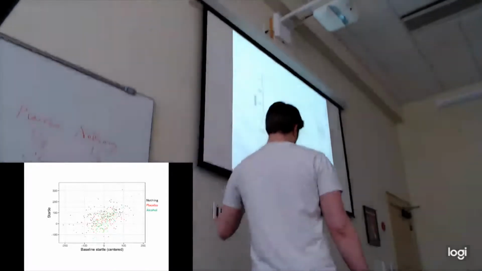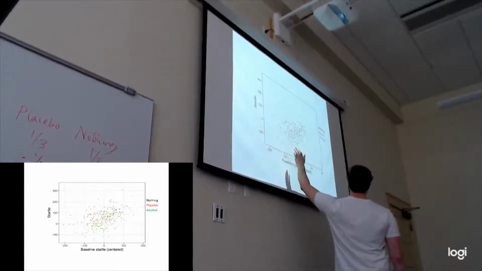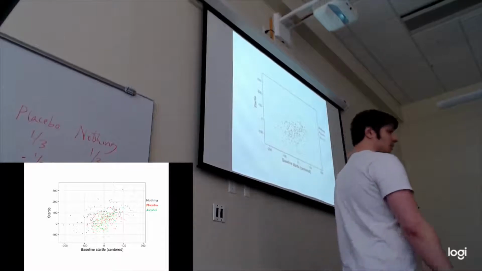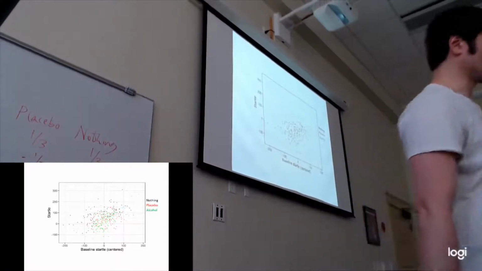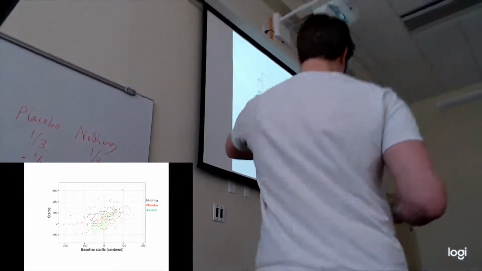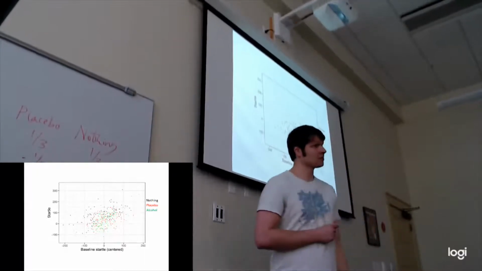Then I can color code these points by whether they belong to someone who was given alcohol, placebo, or nothing. I'm using the same color coding that I showed you in the very first graph where I introduced all of this, but I've plotted baseline startle on the x-axis.